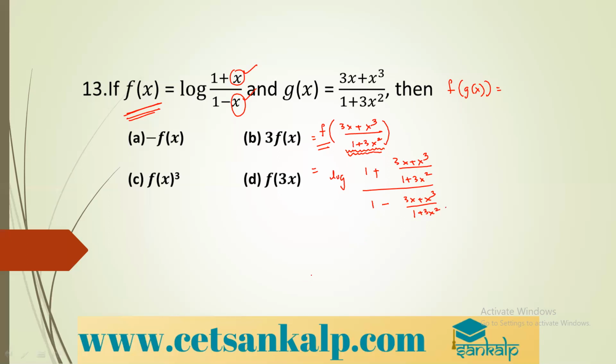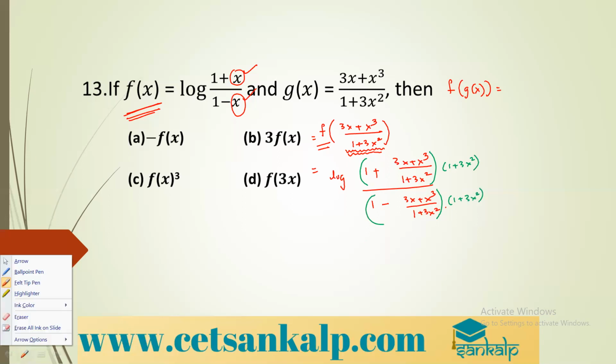Now, as I said, there are too many numerators, too many denominators. To make it as a simple fraction, multiply top and bottom by 1 plus 3x square, so that you will get an easy fraction.